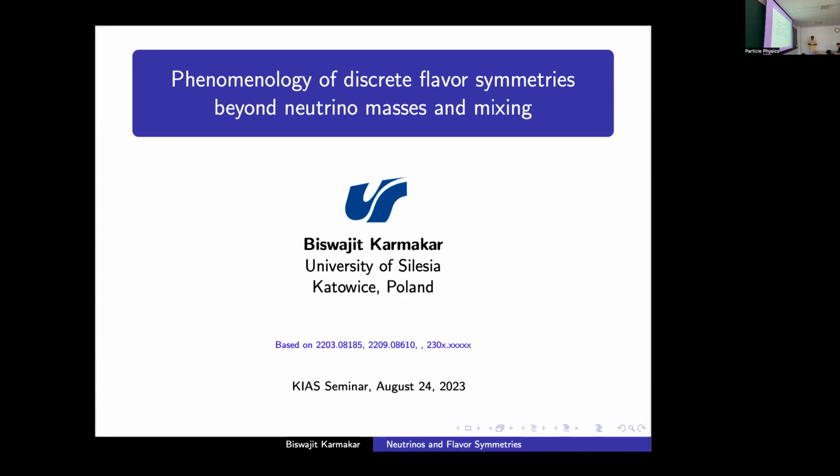Discrete flavor symmetry is one such potential candidate which can explain these non-trivial neutrino masses and mixing, but we still do not know the origin of such symmetry, or how exactly they play their role in other aspects of particle physics and cosmology. And the last thing is that if this kind of symmetry is not the case, then we need to look for the possible symmetry that can lead to this kind of mixing.